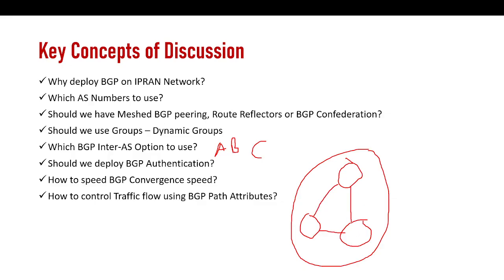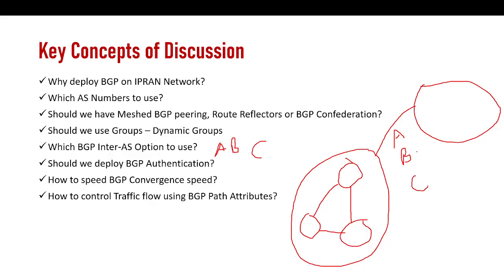And even when we are connecting to the IP core or other external networks, you also need to decide whether you are using option A, option B, or option C. So you need to decide which BGP inter-AS option to use for the inter-AS communication between the different autonomous systems. I will come to that.